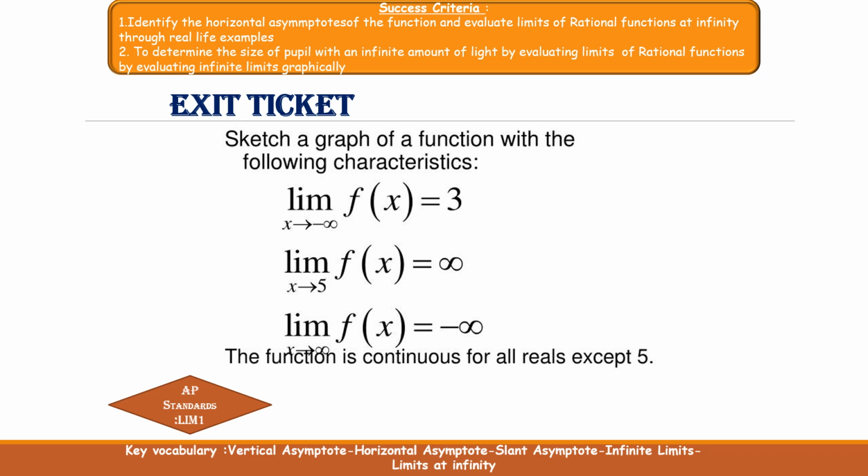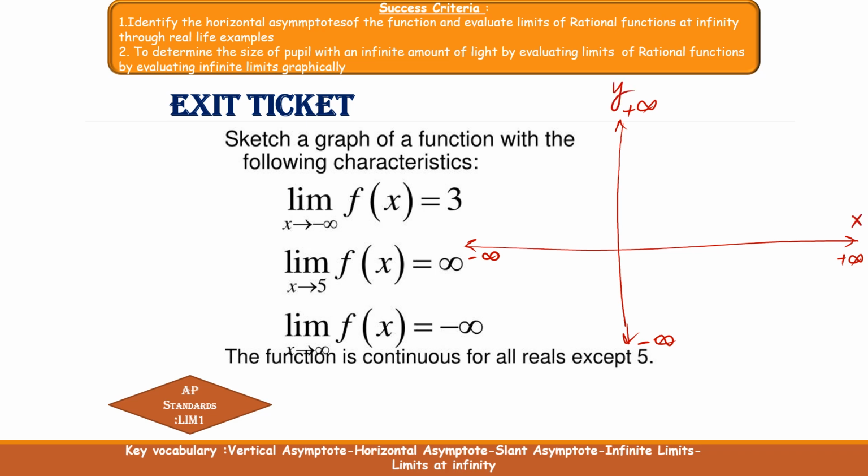Now can you sketch the graph showing these conditions? Whenever anyone asks you to graph showing certain conditions, first of all you label the graph coordinates. Here is positive infinity for x, here y positive infinity, here x negative infinity, and here y is negative infinity.